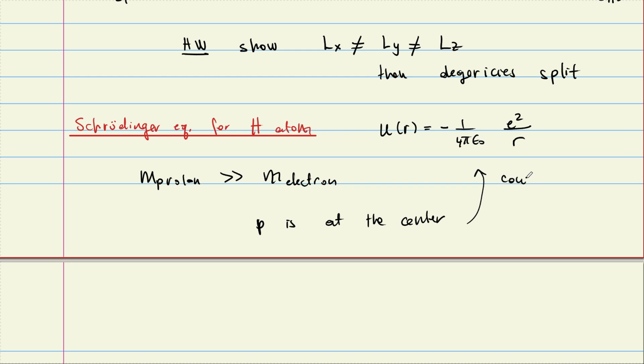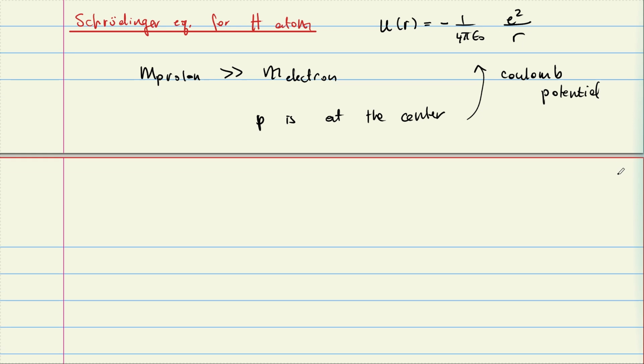and that potential is given by Coulomb's potential, right? This is Coulomb potential. So that's what we need to solve. And because of this potential there's a radial symmetry, because as soon as I write r, I know this is going to be a radial coordinate problem.